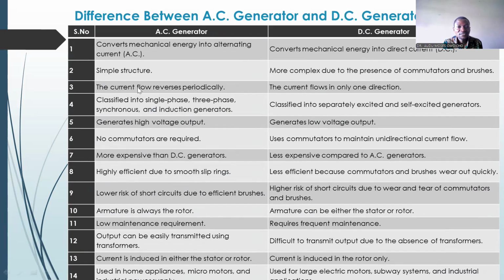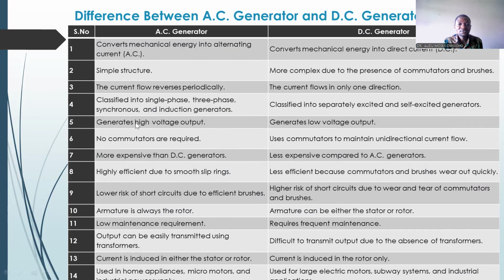The current in AC generator reverses periodically, while in the case of DC, it flows only in one direction. AC generators are classified into single phase, three phase, synchronous and induction generators, while DC generators are classified into separately excited and self-excited generators.